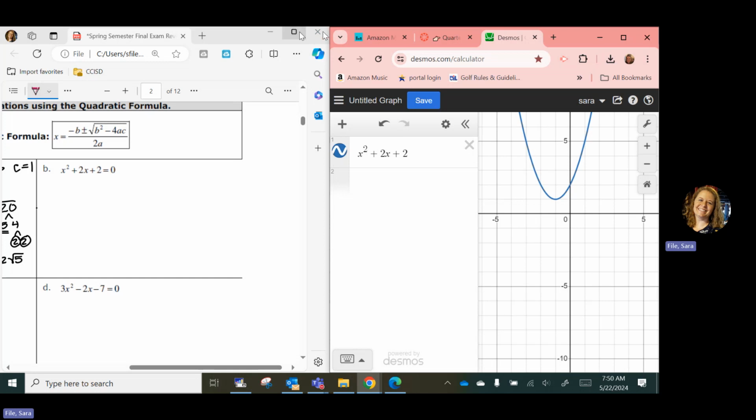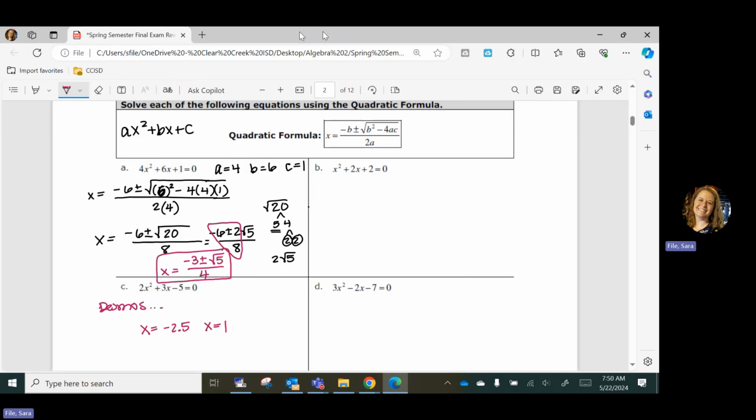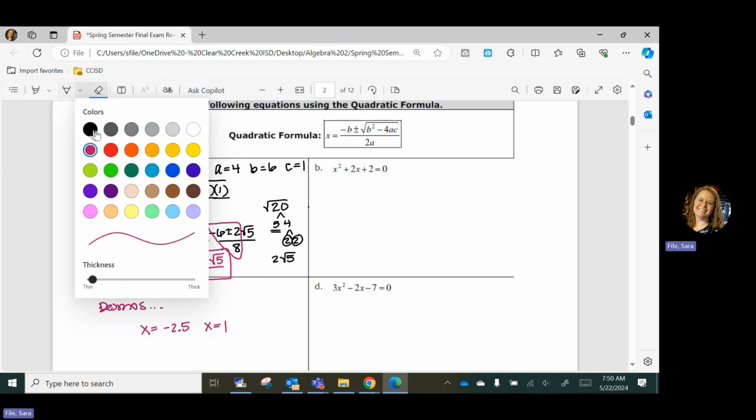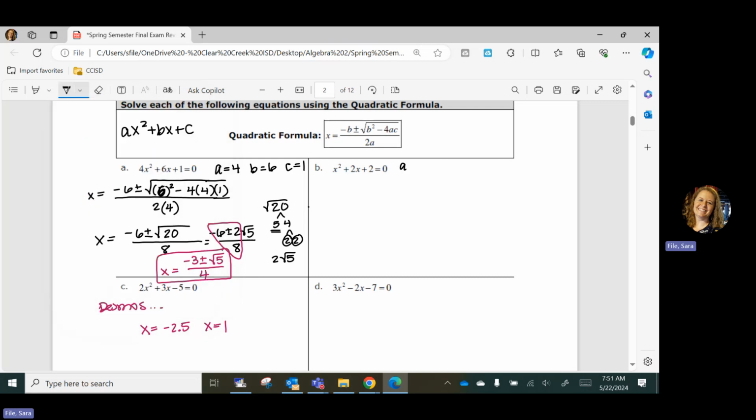So imaginary ones, that is trickier. You do have to use the quadratic formula here if it doesn't actually cross the x-axis. So I'm going to identify my A, B, and C and plug into the quadratic formula.